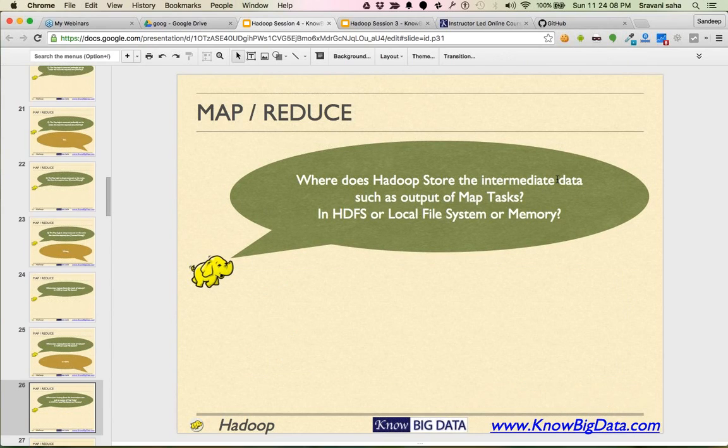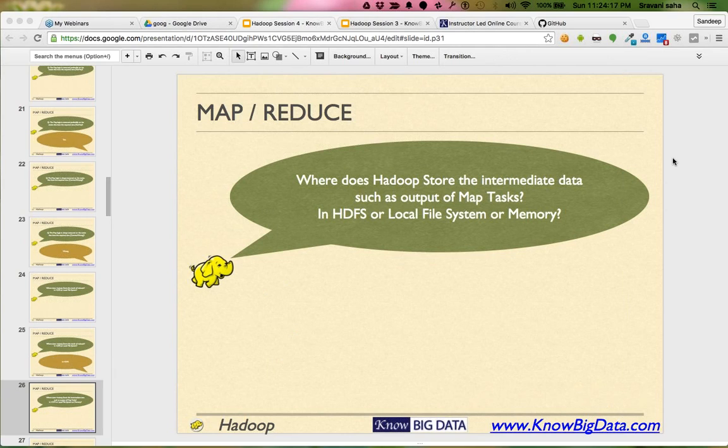Now, where does Hadoop store the intermediate data, such as the output of map tasks? If you remember, the mapper's output will be generated, collected locally, then transferred to the reducer node where it will be churned. So intermediate data has to be stored somewhere, the data which will go to the reducer.